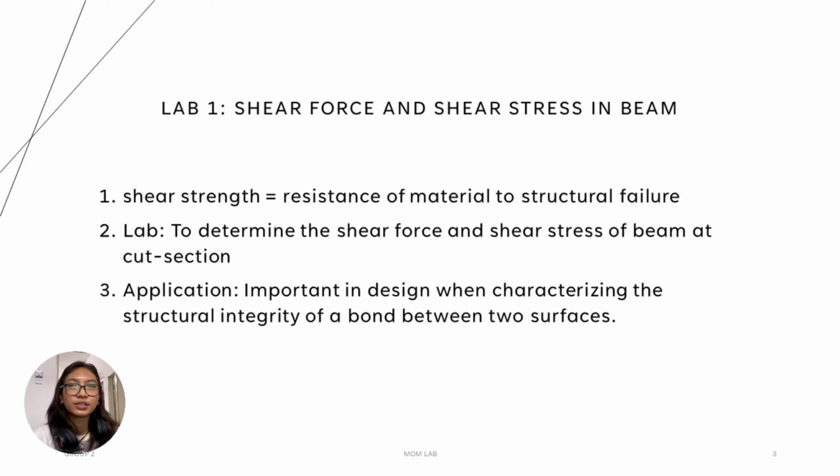It is important in engineering design when characterizing the structural integrity of a bond between 2 surfaces, which is why it's important to accurately know the shear strength of a material, whether we're creating something to sustain shear stress or fail as a result of them.